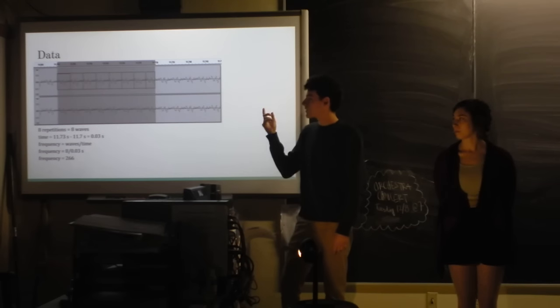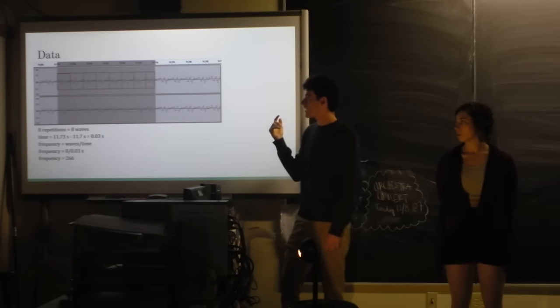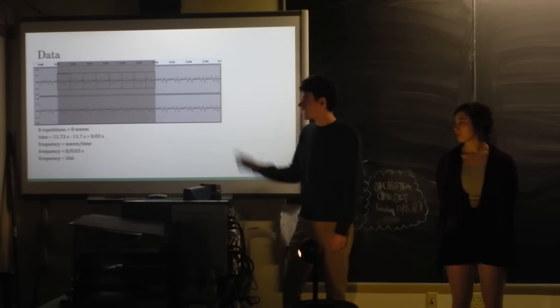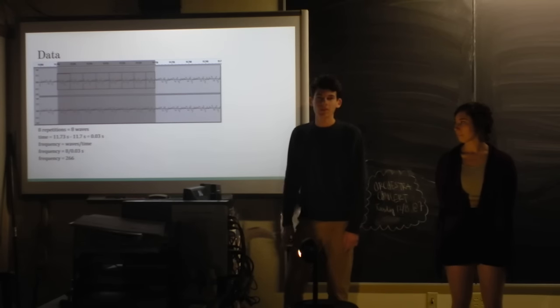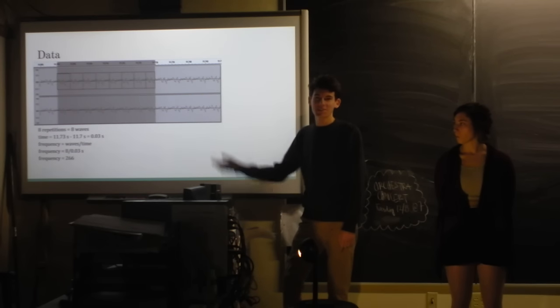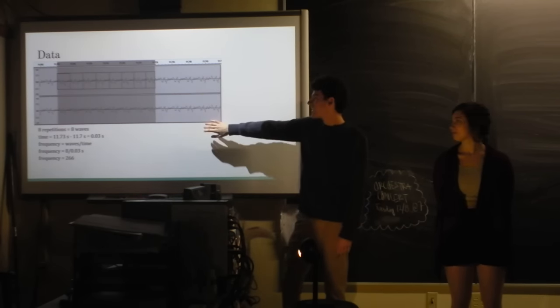We counted how many of those there were, divided that by the time allotment, and that gave us a frequency. Then we checked to see if it was near the actual frequency, and it was. So we kept using that method.